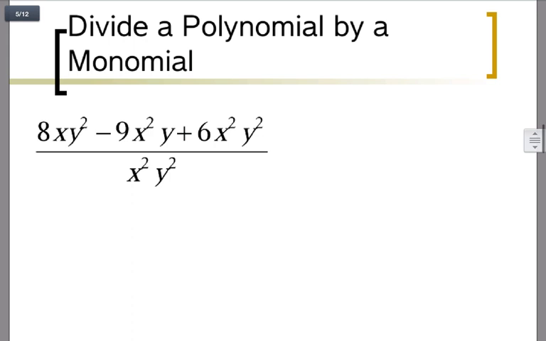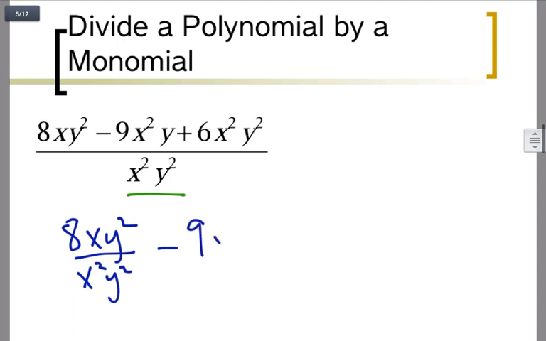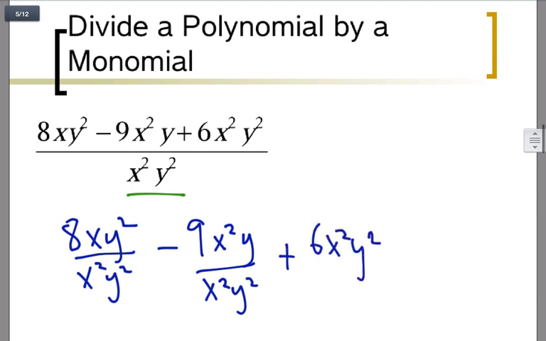And finally, we've got a two-variable monomial on the bottom, so when we break it up, it's going to be a little bit more canceling. So we've got 8xy squared over x squared y squared minus 9x squared y over x squared y squared plus 6x squared y squared over x squared y squared.